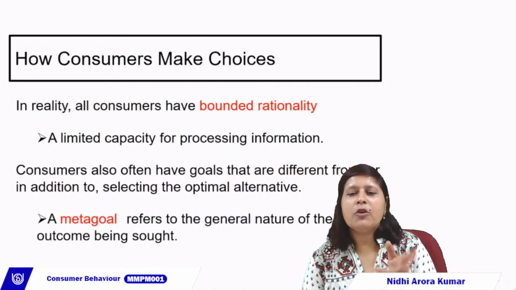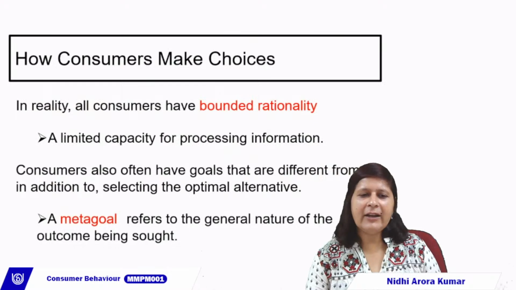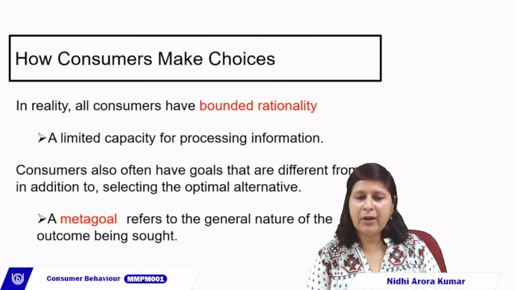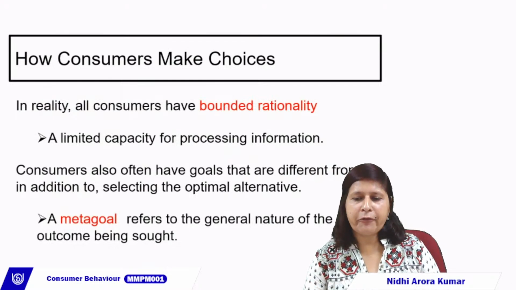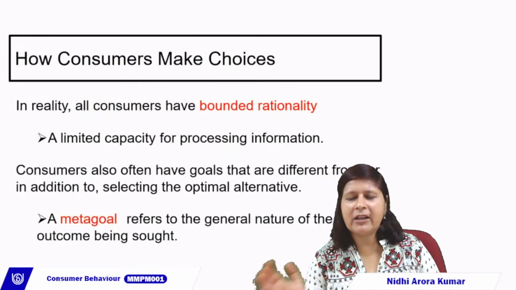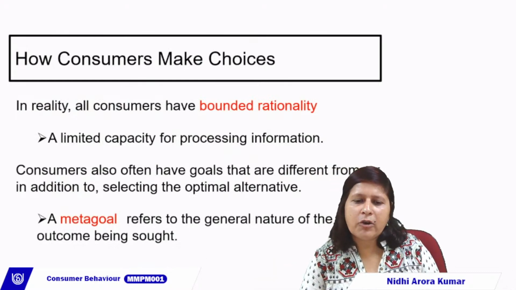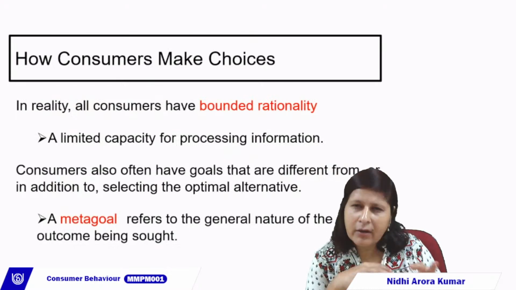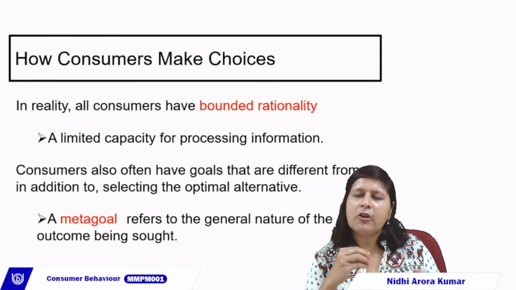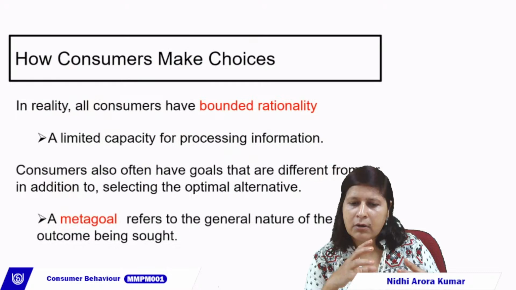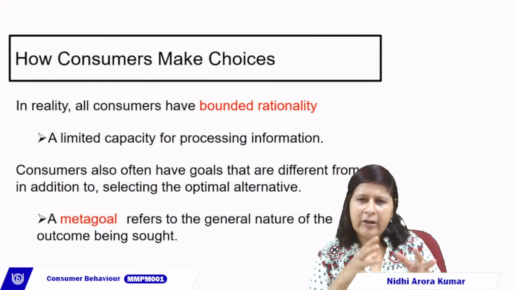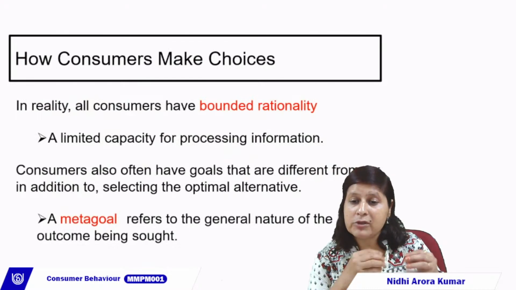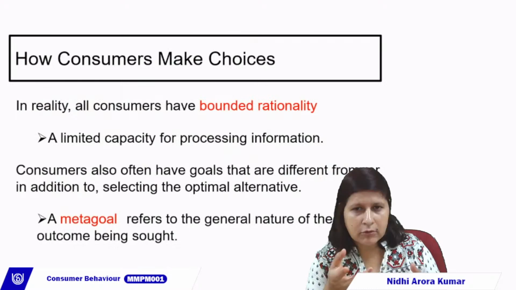But again, every human being has bounded rationality, that is a limited capacity of processing information. Consumers often have goals that are different from or in addition to selecting the optimal alternative. Suppose I can calculate my value and choose the optimal alternative, my goals could be different from that or could be more than that, right?